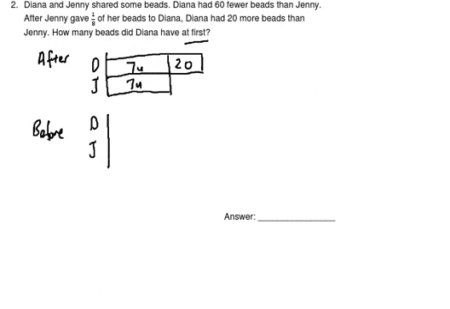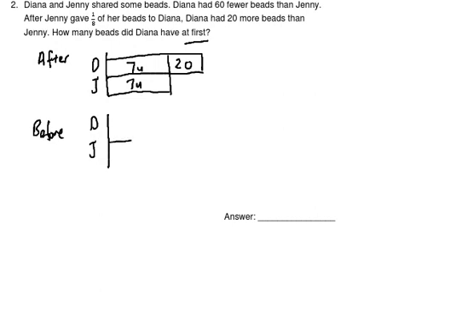Okay, so now I need to return the 1/8 that Jenny gave away, right? That means I need to return 1 unit back to Jenny. So when I return 1 unit to Jenny, how many units does Jenny have, Ernest? 8 units.